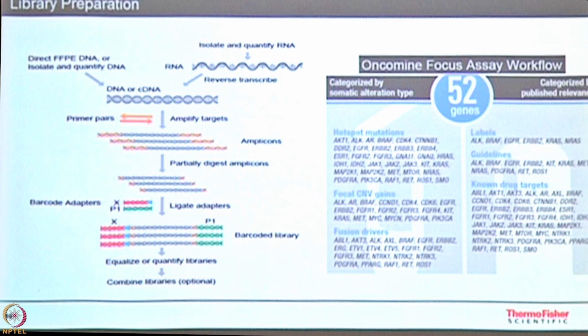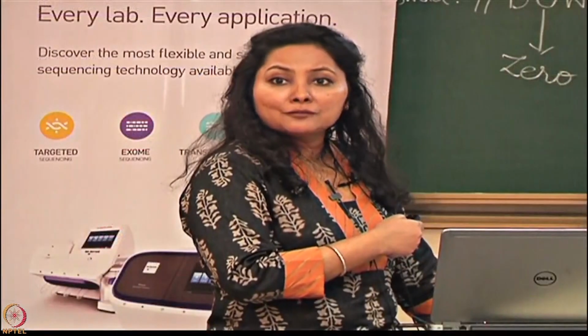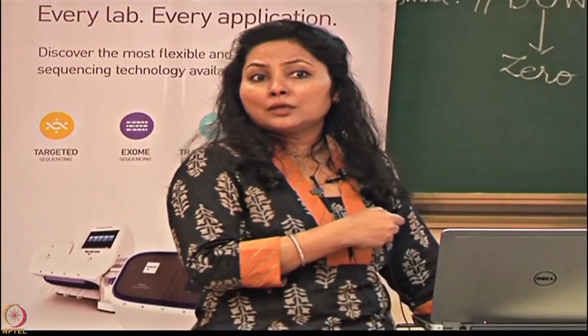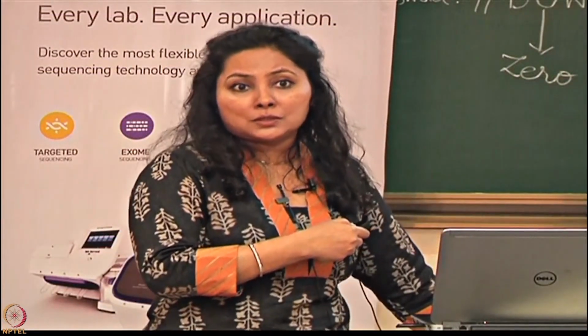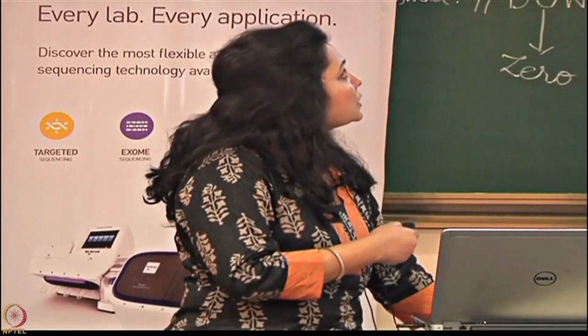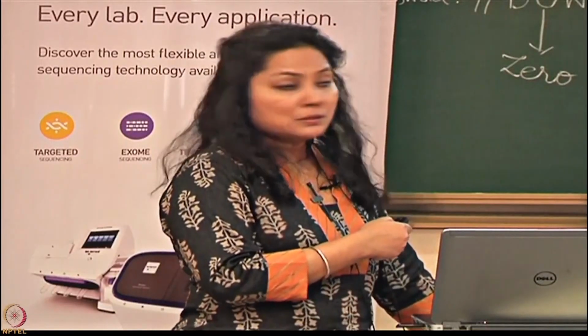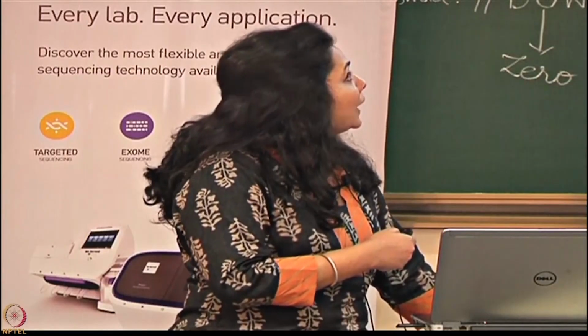You take this primer pool and you use this DNA and cDNA as your target. All these genes get amplified in one go, and since the primers are coming from conserved regions wherein you do not have any hotspots or variations to be looked into, we partially digest these primer sequences and then we ligate adapters.